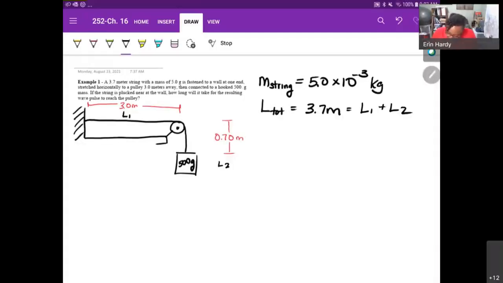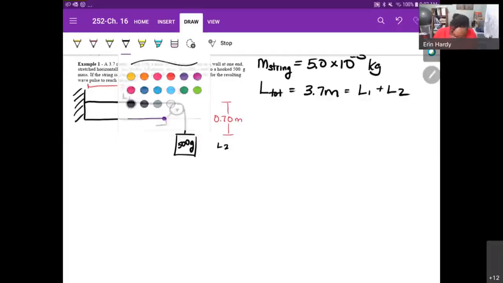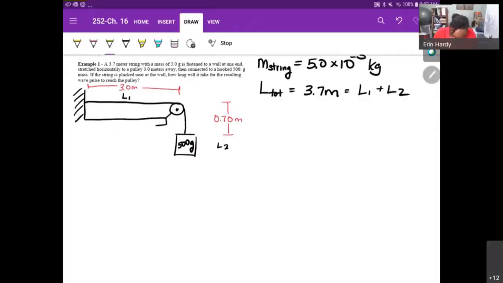I know that there's a certain amount of mass that is connected to this string. So I also know what the free body diagram should look like for that suspended mass. I have string tension pointing up, and I'm going to say W sus for the weight of that suspended mass pointing down. And F net in the Y direction is going to be 0 because that mass is not accelerating.